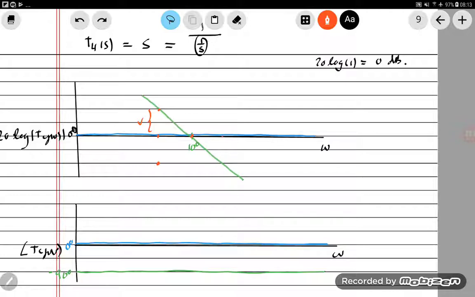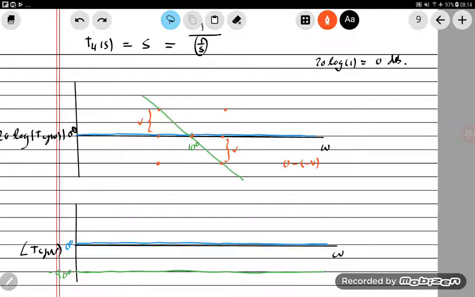And let's take this frequency again. The value corresponding to the constant 1 is 0 dB, and the value corresponding to the 1 over s is negative v. So we're going to take 0 minus negative v. Well, that's just positive v then.